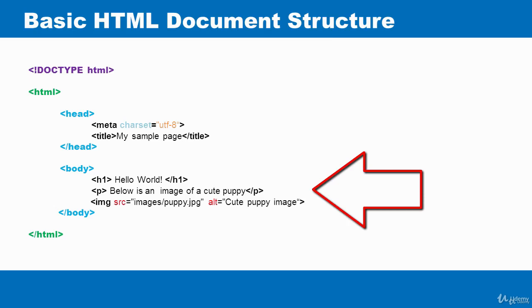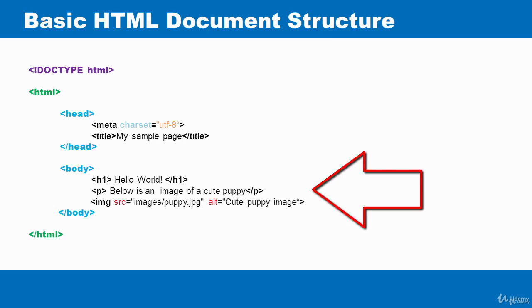Inside the IMG tag, you have to specify a couple of attributes. The first attribute is called the SRC, or the source. So basically, if you're adding an image, you need to use the source attribute to specify where the image is going to be referenced from.